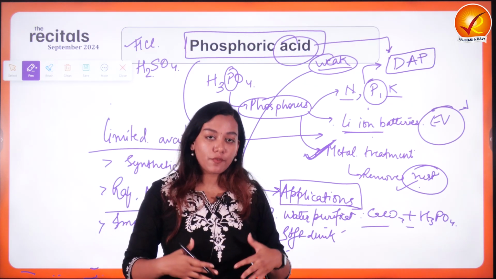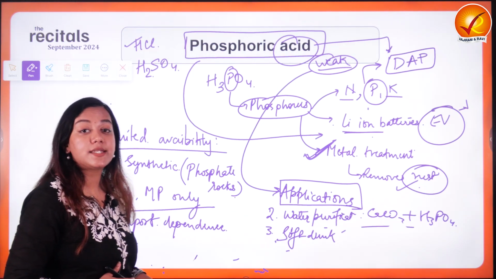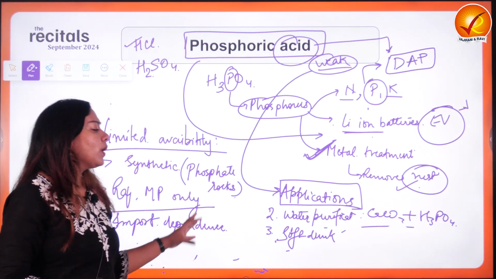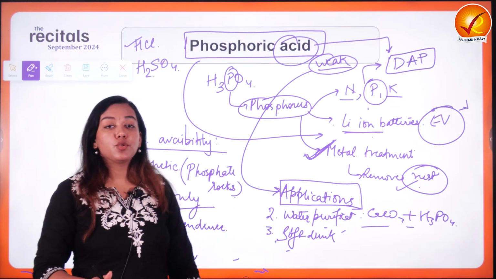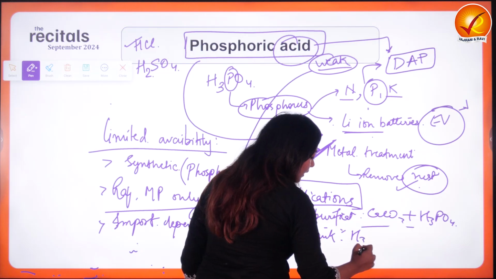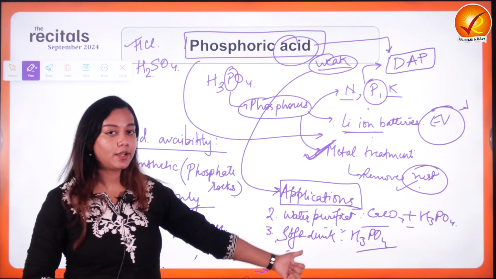Okay, because the pH of our stomach is already on the acidic side, because it has got a good amount of HCl, which is hydrochloric acid, which is a strong acid. So we wouldn't require to add more acid into it. So what is required to neutralize that acid? It is H3PO4, which, despite being a weak acid, is an acidity regulator.